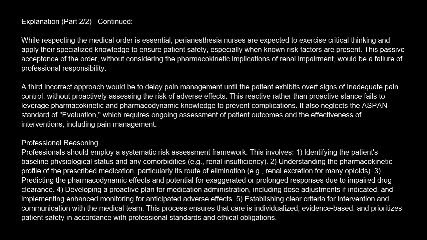Developing a proactive plan for medication administration, including dose adjustments if indicated, and implementing enhanced monitoring for anticipated adverse effects. 5. Establishing clear criteria for intervention and communication with the medical team. This process ensures that care is individualized, evidence-based, and prioritizes patient safety in accordance with professional standards and ethical obligations.